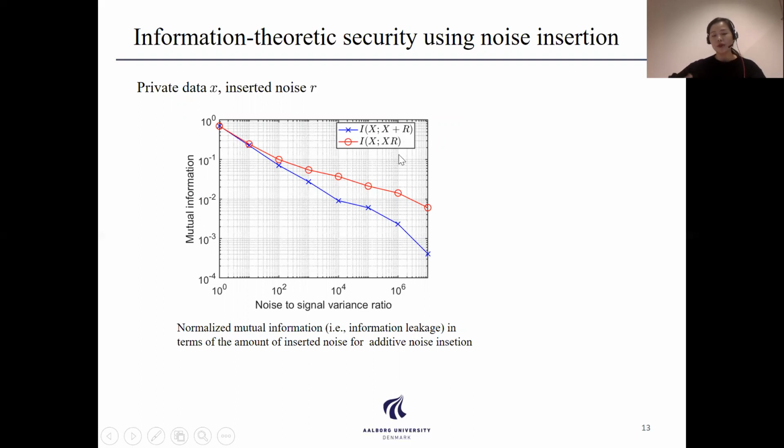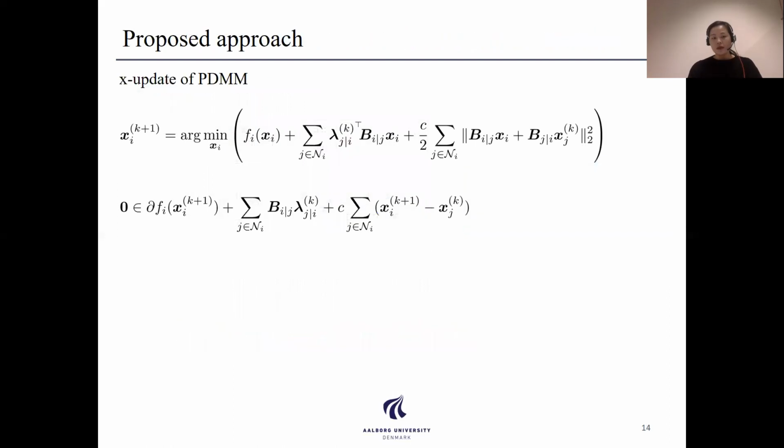We can see that in both cases, as long as we increase the noise variance, here on the x-axis, the mutual information will decrease. The mutual information measures how independent these two random variables are. So as long as we increase the amount of noise inserted, we have less privacy leakage, right?